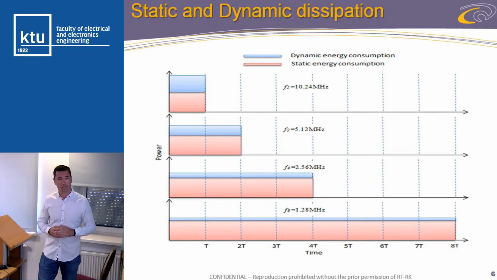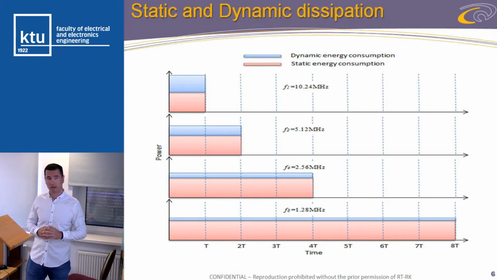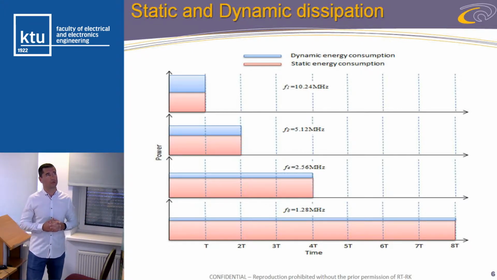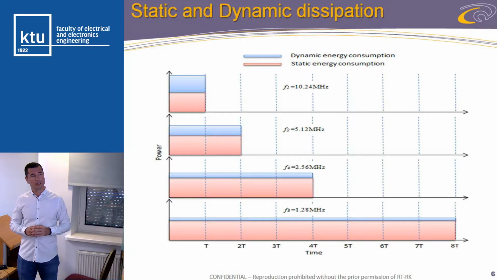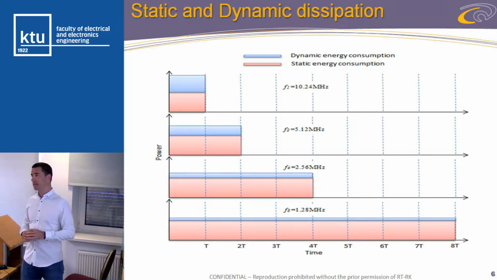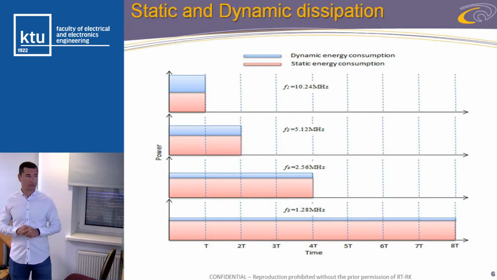This slide shows energy dissipation during one clock cycle. The surface of the blue rectangle represents dynamic energy consumption, and you can see that this surface is constant over time, meaning that dynamic energy dissipation does not depend on the clock cycle.